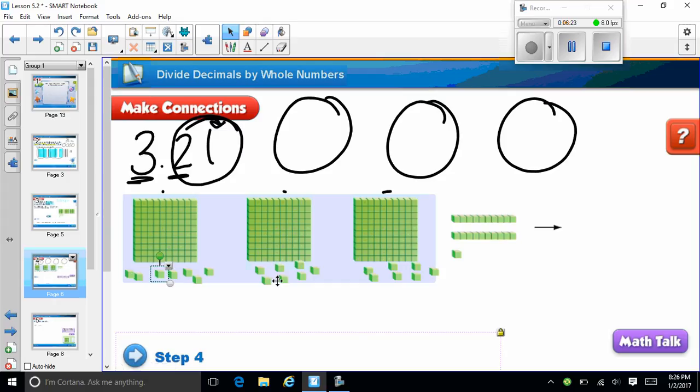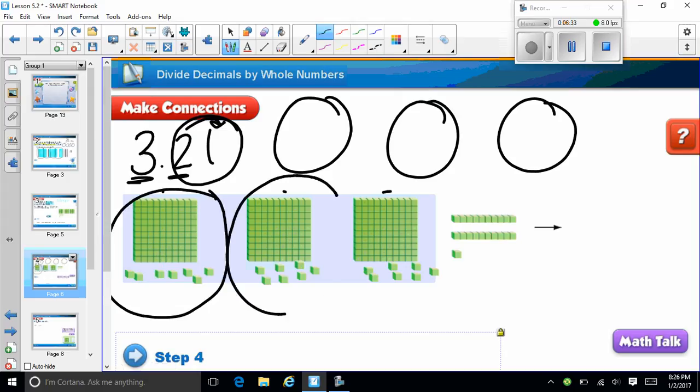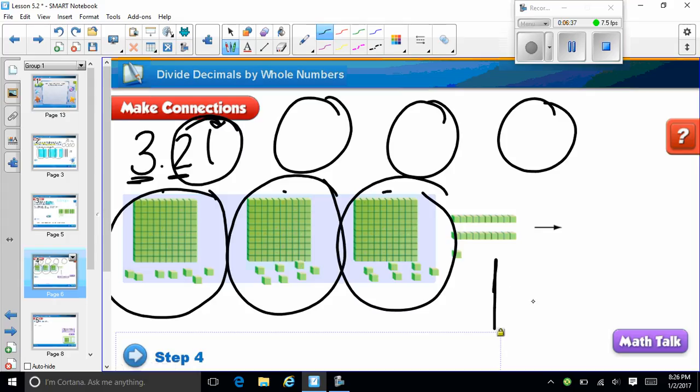The same for each group. And so when I take a look at this as a group, how much is in each group? 1 and 7 hundredths. And that would be my answer.